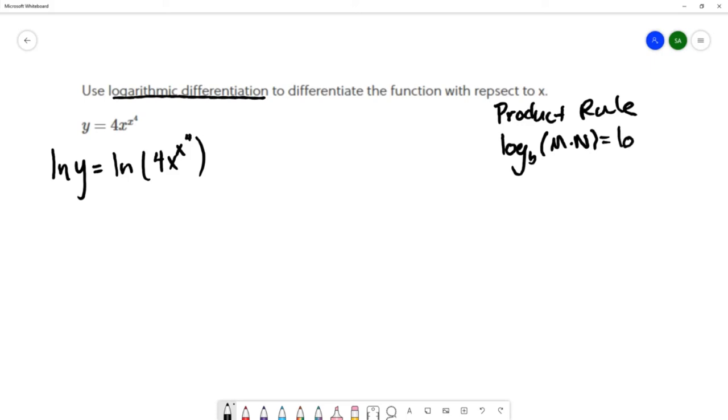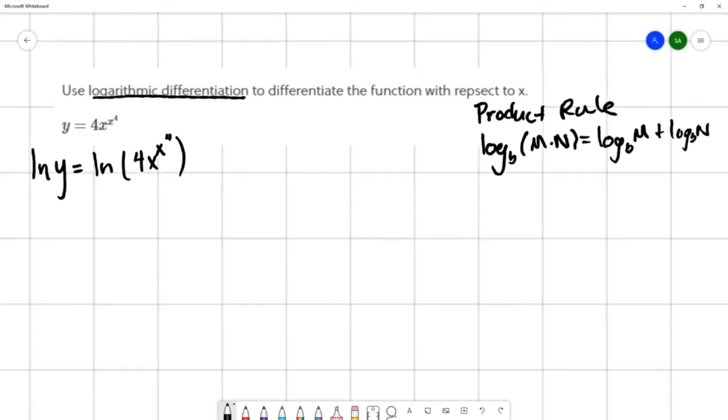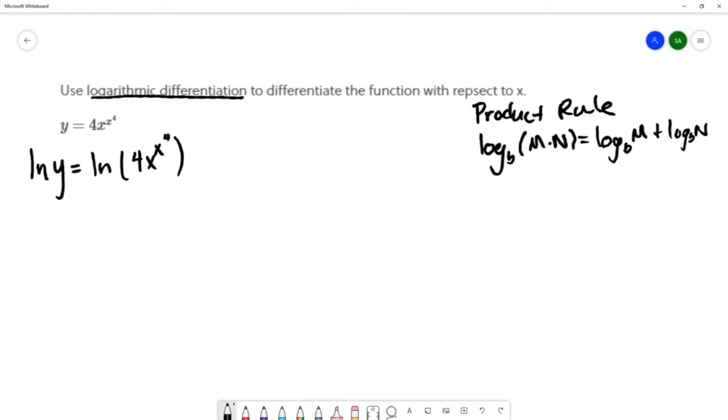So you can write that as log base b of m plus log base b of n. So it allows us to, we call, expand the logarithm.